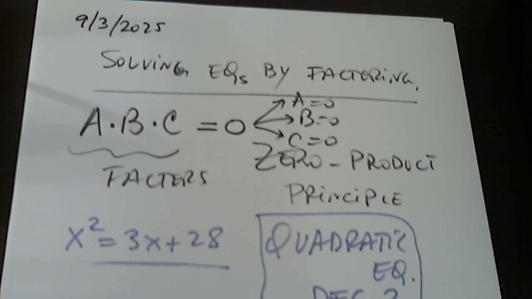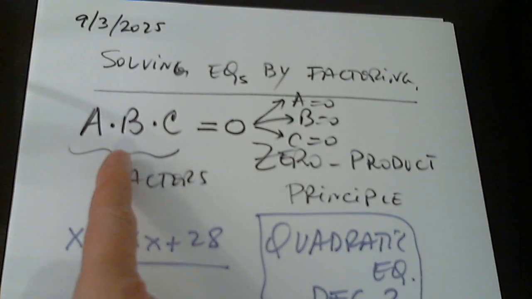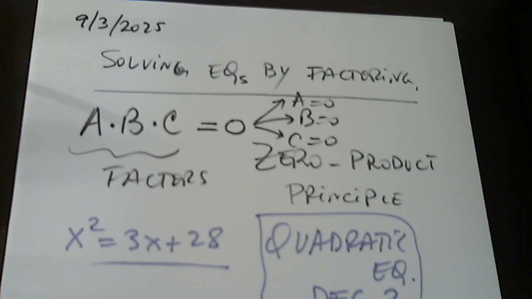Can I apply the zero product principle? No, because I do not have 0 on one side and I don't have a product on the other. What will be the first step? Minus 3x.